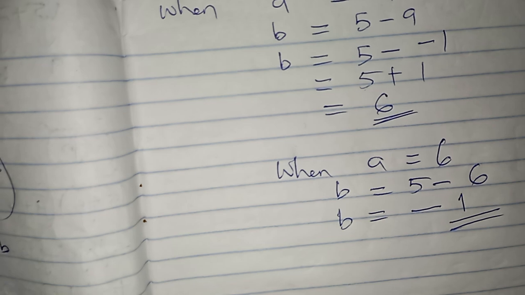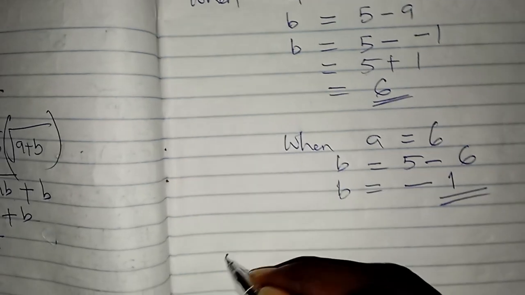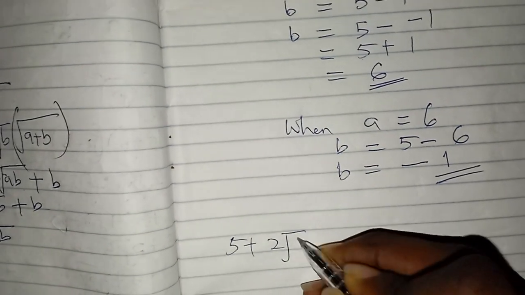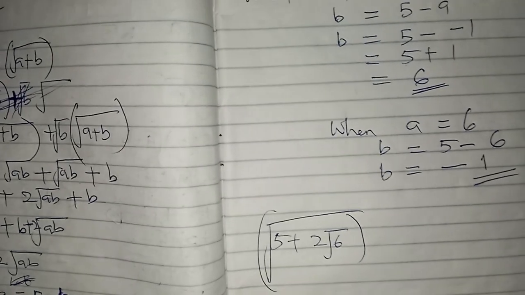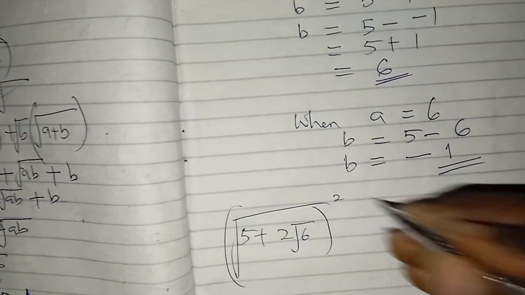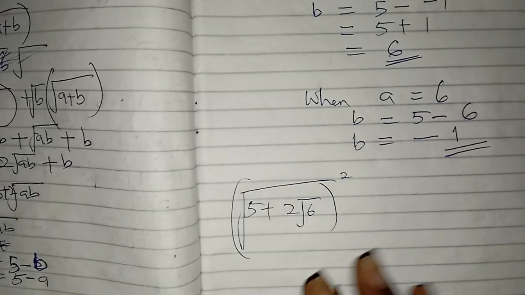So very simple like that. That means you can go about it this way. I know sometimes when you see this kind of question, they might say you have 5 plus 2 root 6 all raised to power 2, and I might be telling you to take the square root now.